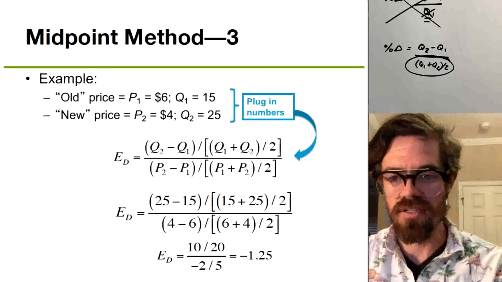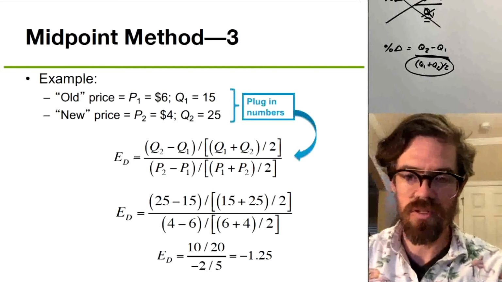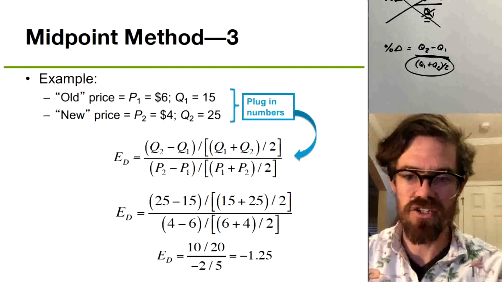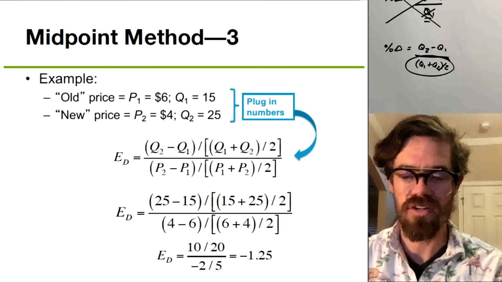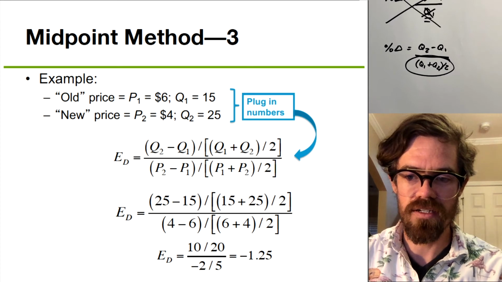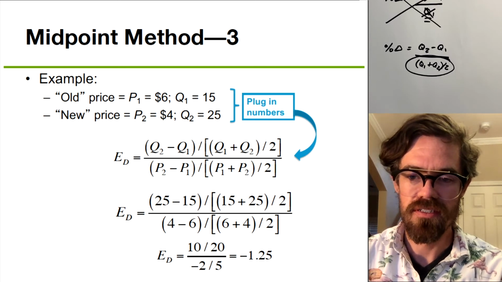So all we've got to do is plug those into our formula here, and after all the calculating, we end up with negative 1.25. So I encourage you to go ahead and try this yourself. Plug those numbers into the formula and try to get to this result on your own. Okay.